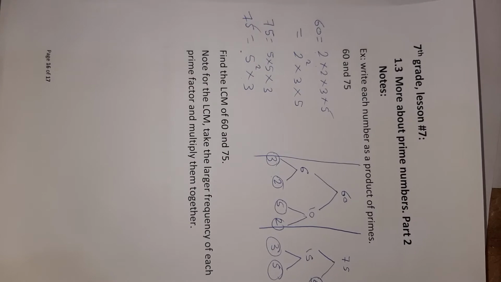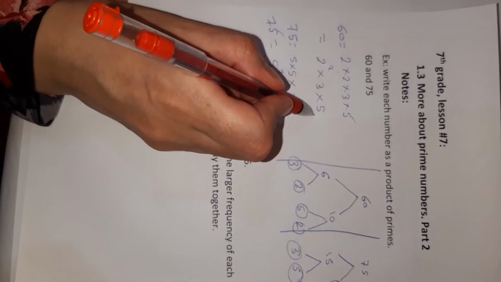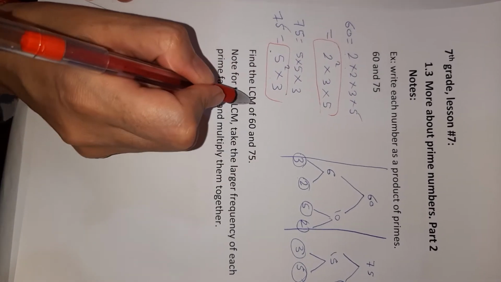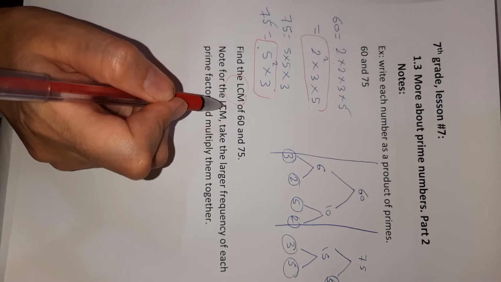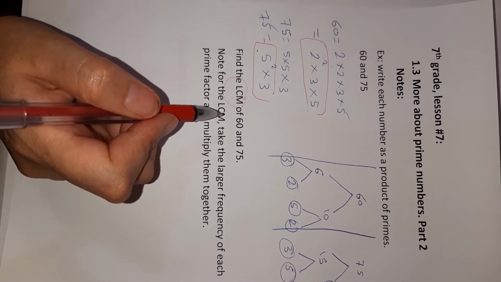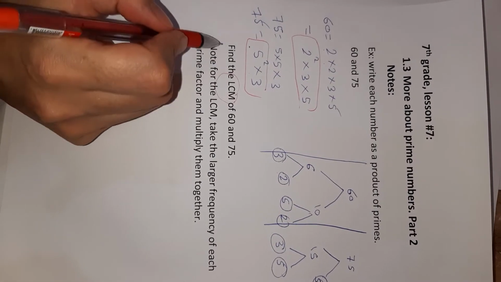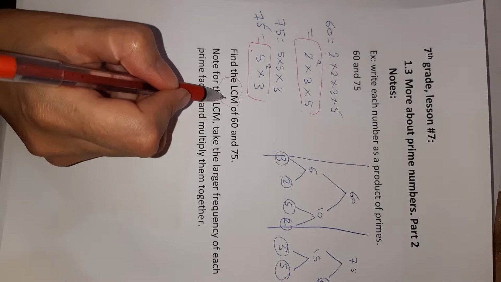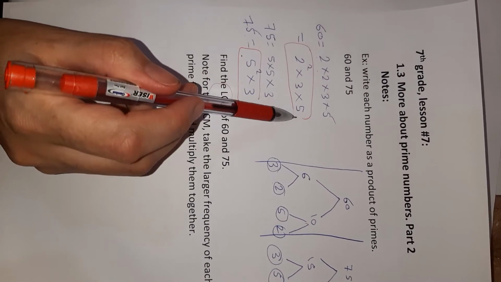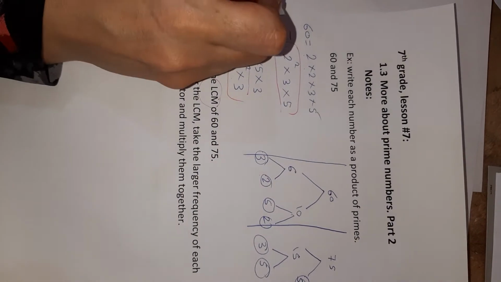Now, the new thing here, we will learn how we can use these expressions to find the LCM, lowest common multiple, and HCF, the highest common factor. First of all, let's start talking about how we can find the LCM between these two numbers with using these two expressions.